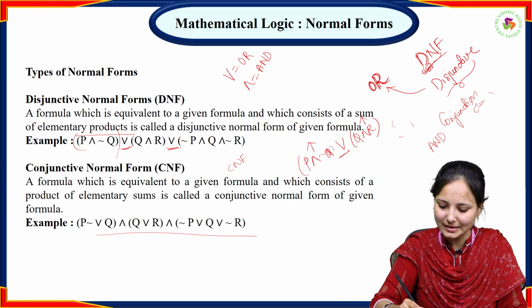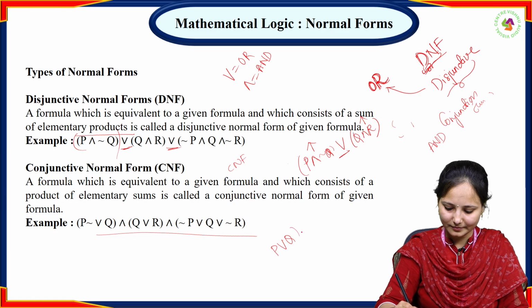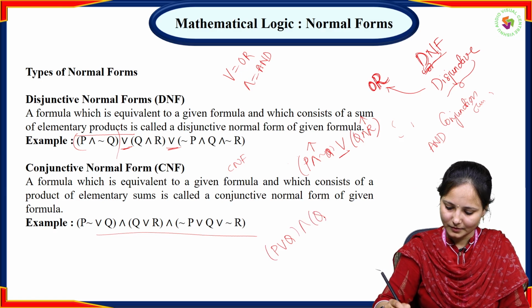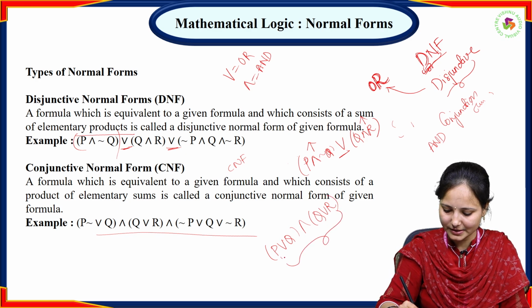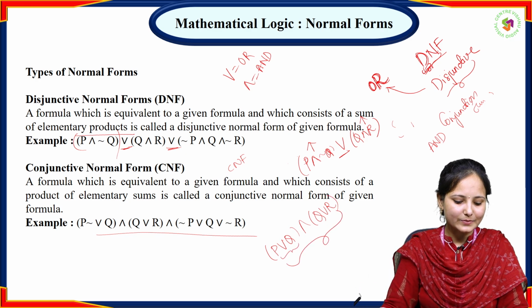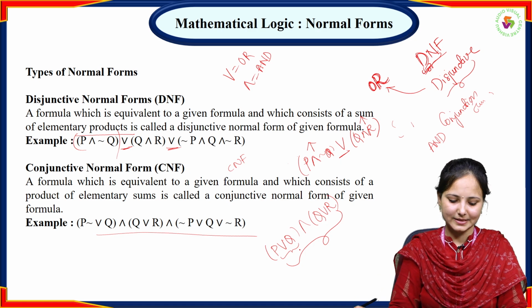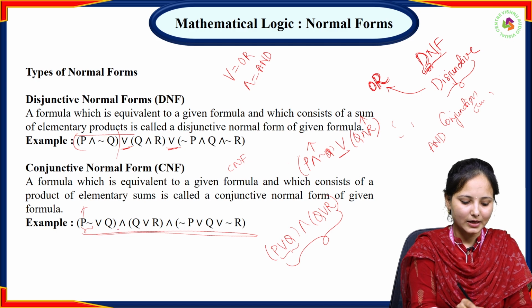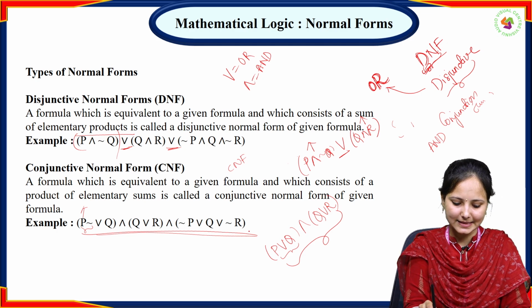We will take the variables and we will represent P or Q and Q or R. We will consider any number of statements. For example, we have considered here P, Q, R. So what is meant by conjunction? Conjunction is a product of elementary sums. So here we have taken an example of this. Here what we did is a conjunction. So conjunction is a product of elementary sums.